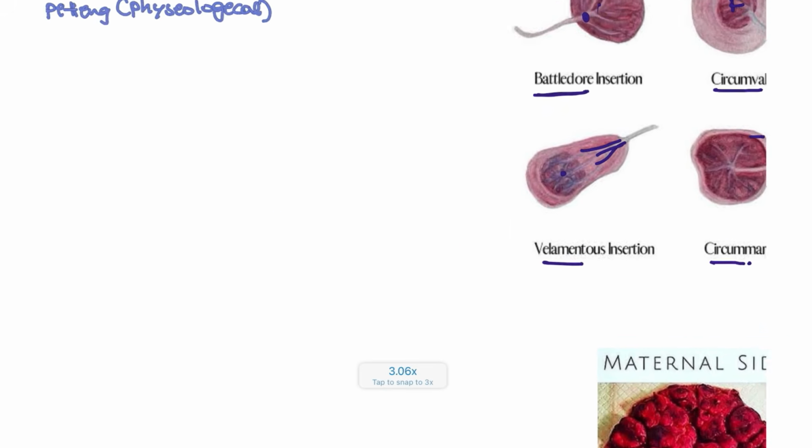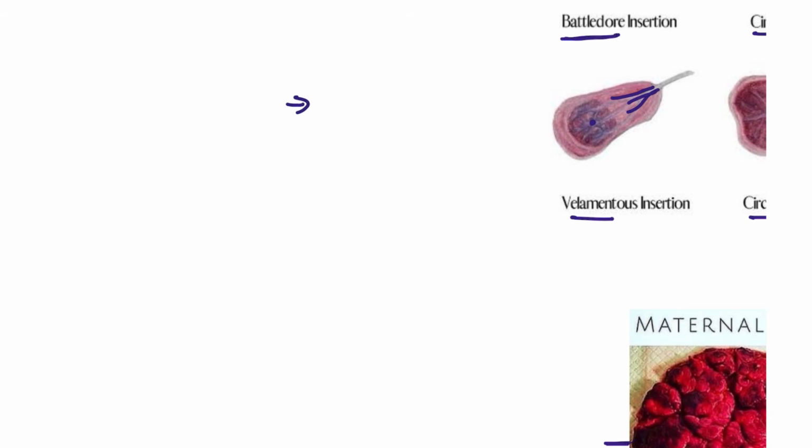And what are the things that are going to cross here? Warfarin can cross. Many infections, especially the TORCH infections, can cross. IgG can cross, right?